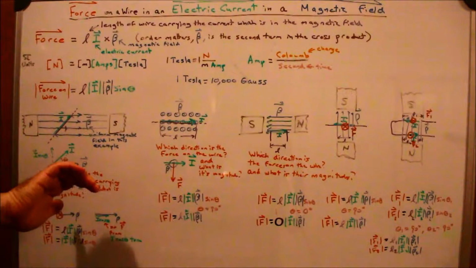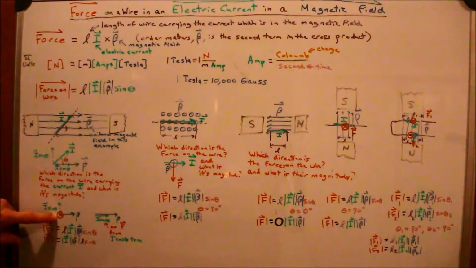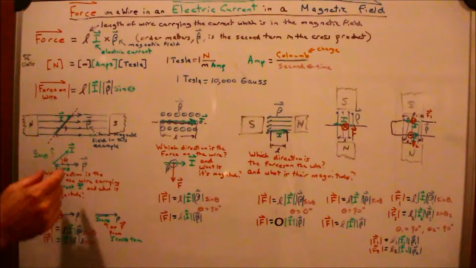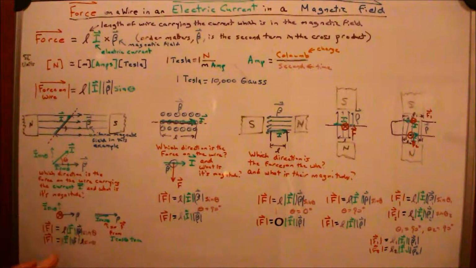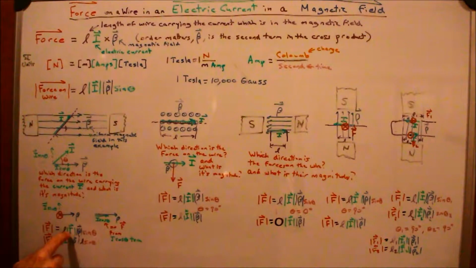The thumb points in the direction of the force. So there's a force into the board, which has the magnitude of the length L times the magnitude of the current times the magnitude of the magnetic field times sine theta.